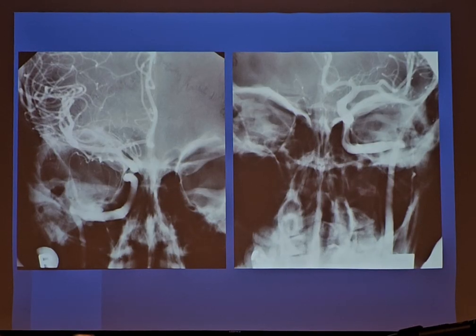I did it. Bilateral aberrant internal carotid artery. Unfortunately, because of tinnitus, we went to an ENT surgeon. The ENT surgeon saw something behind the eardrum, so he decided to make a biopsy of that.